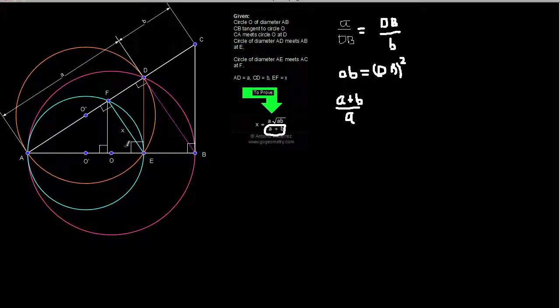So the altitude in the big triangle is equal to DB, and in this triangle, the altitude is equal to x. Okay, so see what I've done here. I've used something that I discussed in an earlier video. I said that when we're looking at similar triangles, the similarity ratio applies not only to the sides, but to other one-dimensional features in the triangle.